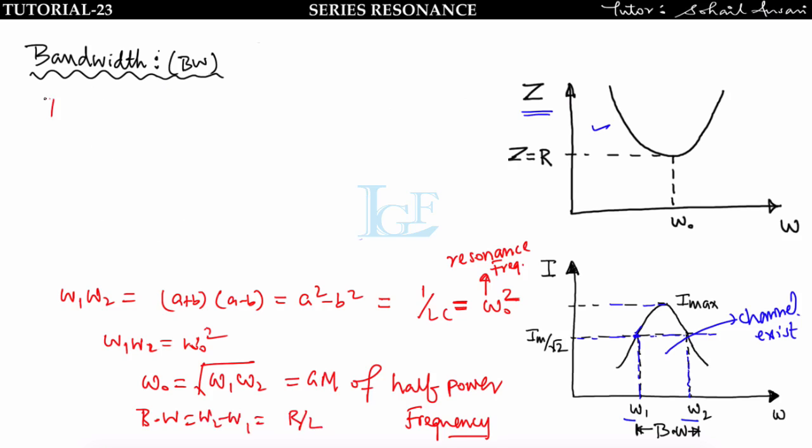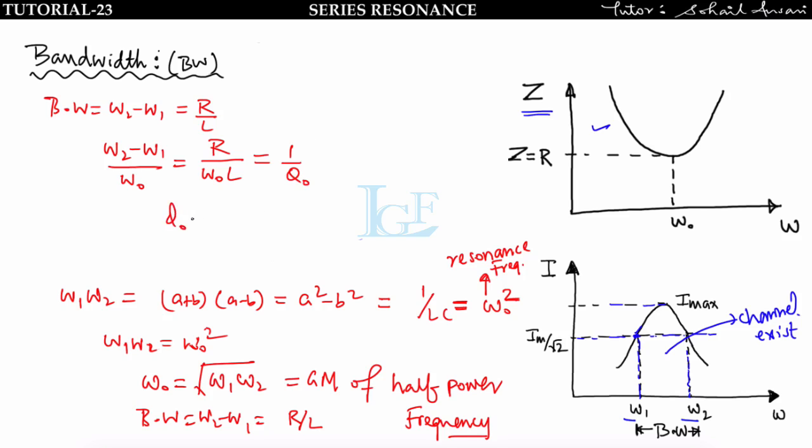Got it? We know that bandwidth is equal to omega 2 minus omega 1, and that is equal to R upon L. So I can write like this: omega 2 minus omega 1 upon omega naught is equal to R upon omega naught L, that is nothing but 1 upon the quality factor Q naught at resonance frequency.